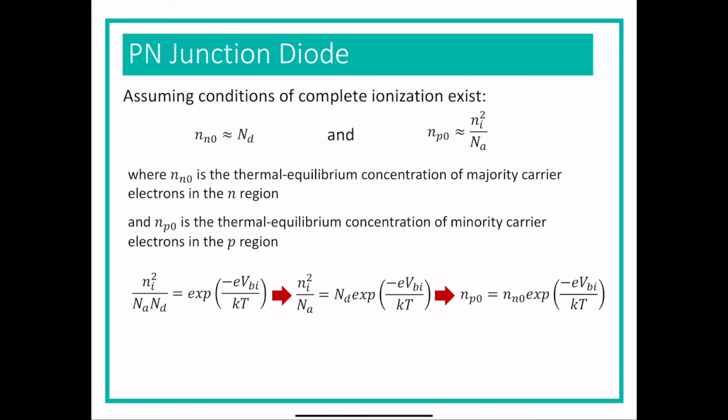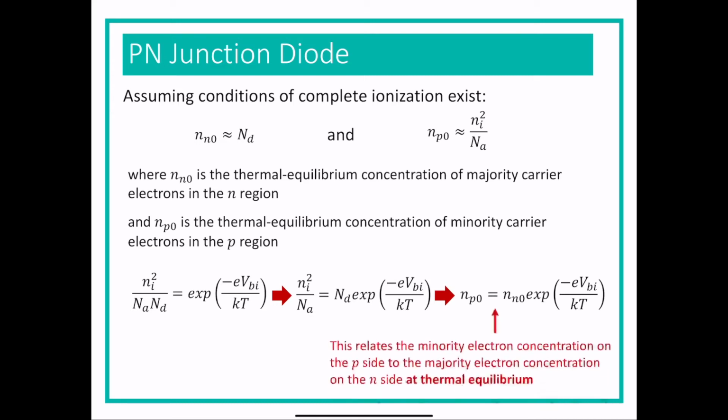And what this gives us is the minority electron concentration on the P side related to the majority concentration on the N side at thermal equilibrium. So this is good at thermal equilibrium. This isn't good at another time, but it is good at thermal equilibrium.